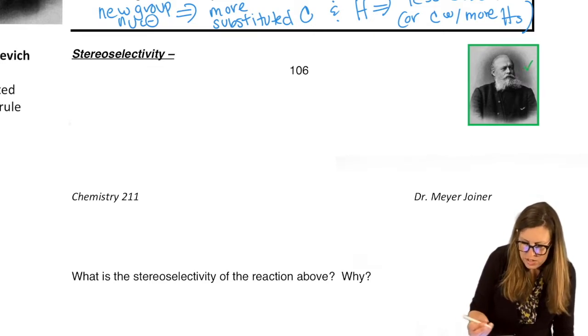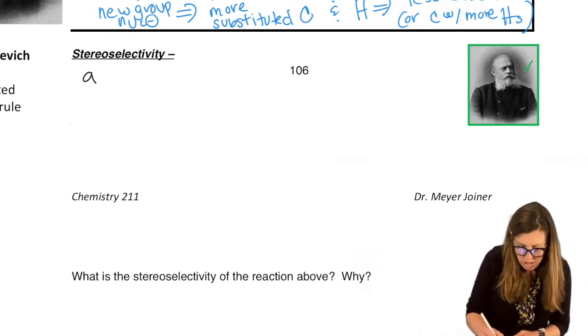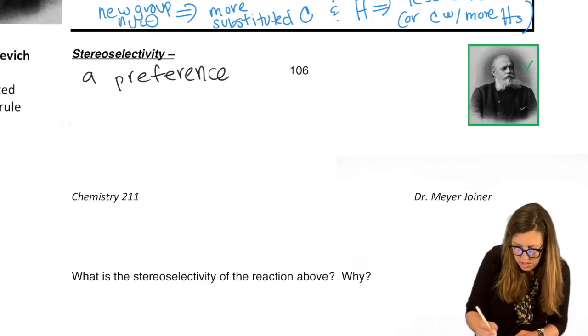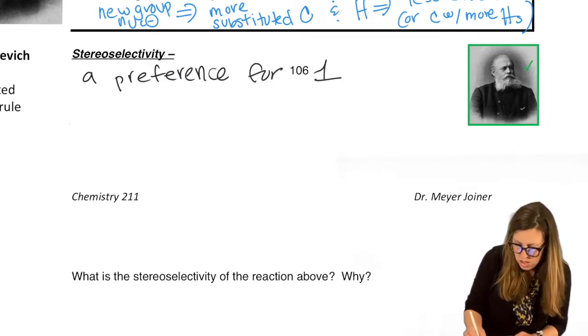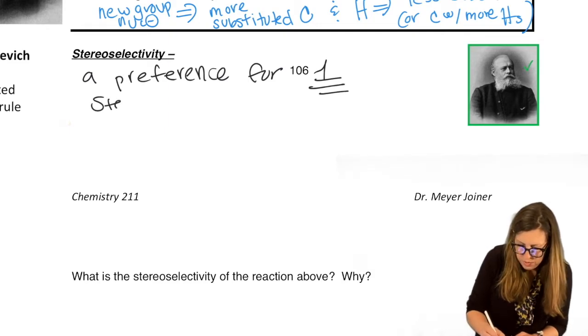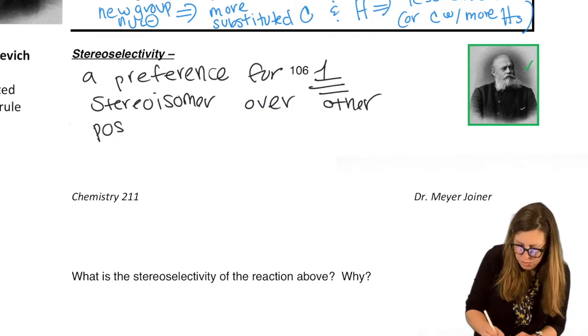But I'm going to remind ourselves what that means here, because since we've defined regioselectivity, it's important to not mix them up. So remember that stereoselectivity is a preference for one stereoisomer over other possibilities or possible isomers.